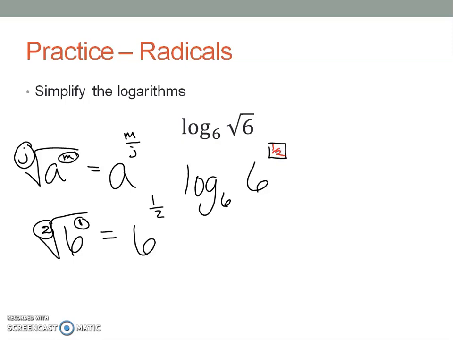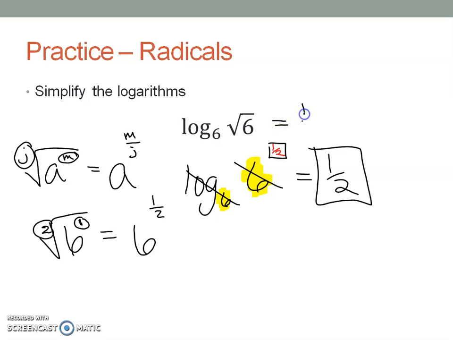Okay? Now that I've got that figured out, base of 6. Bases match, we can cancel, and I get 1/2 for my answer. So log base 6, the square root of 6, that equals 1/2. Okay?